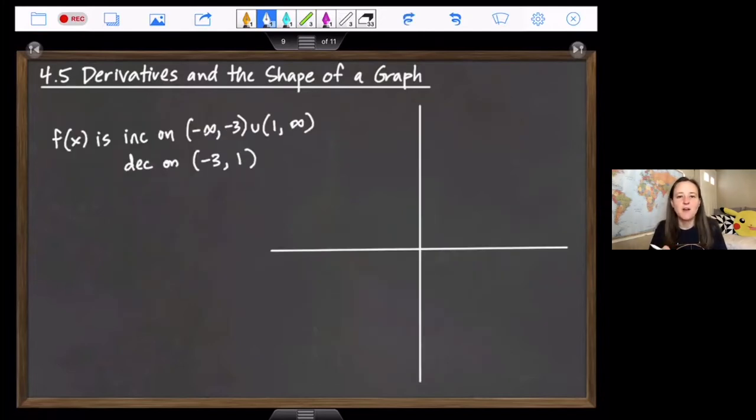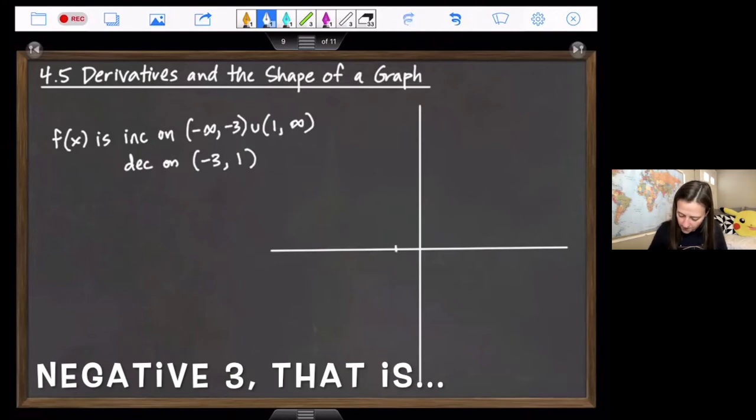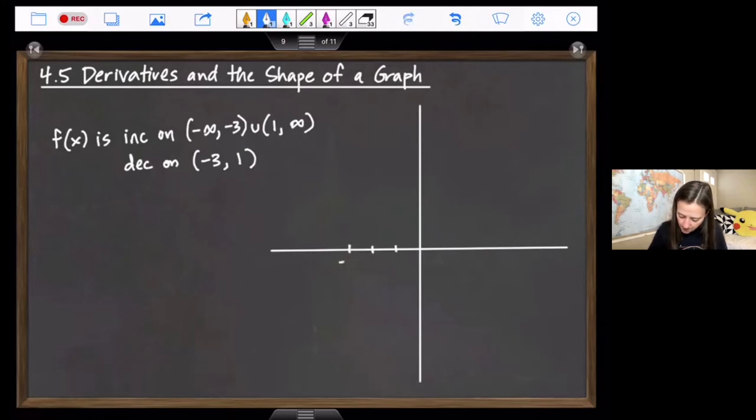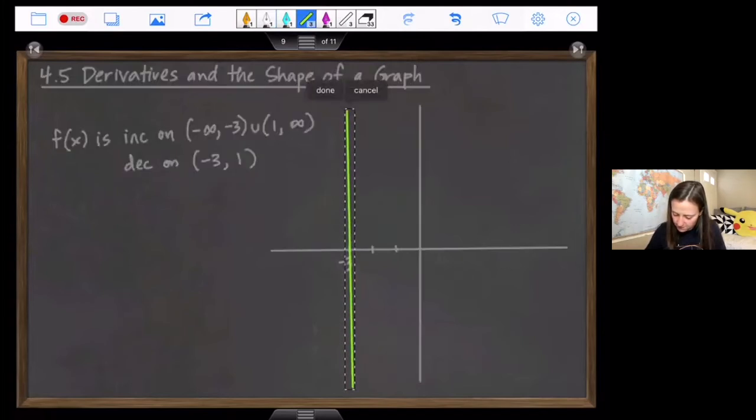Here's my final answer graph paper, and I'm going to store information as I find it. So we found that we were increasing from -∞ to -3. So I'm going to go over and mark -3 on my graph. And I'm going to draw myself a little line through -3 to kind of break this up. This is not part of my final answer. I'm just going to use this to store some information.